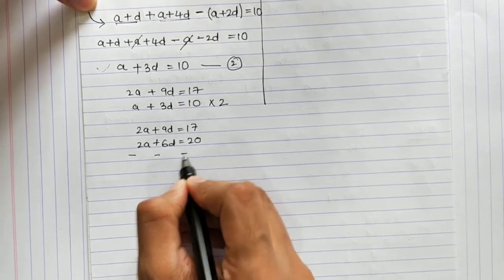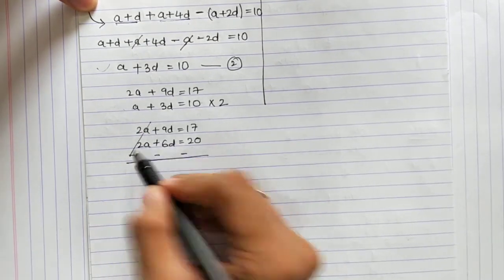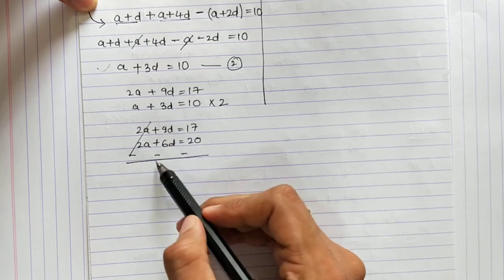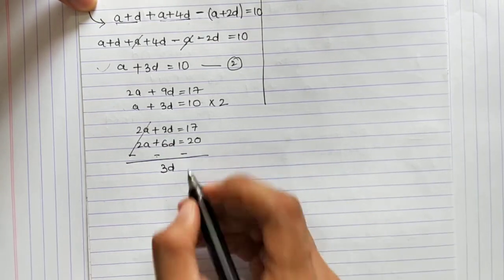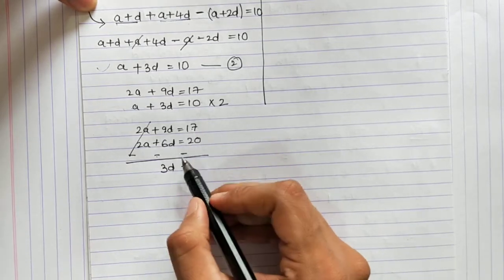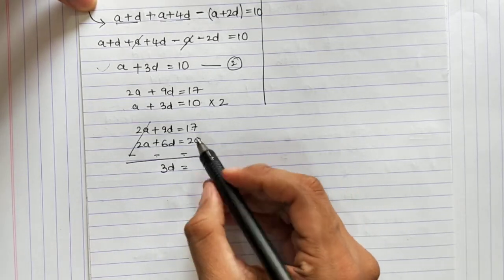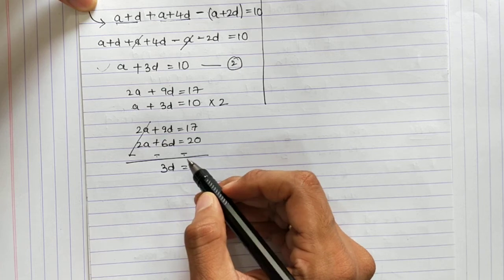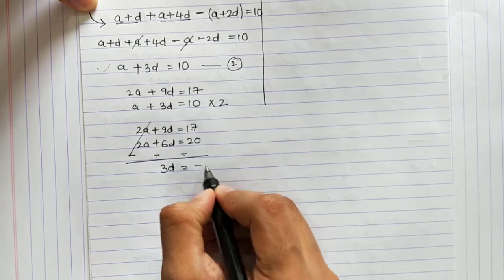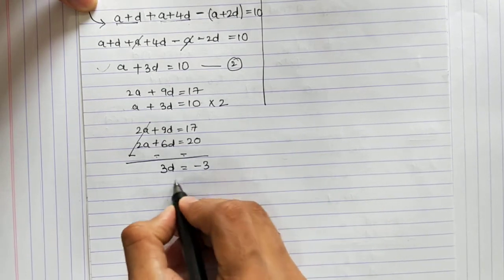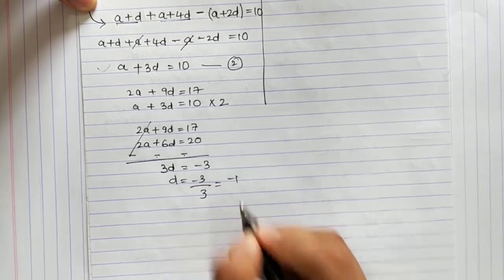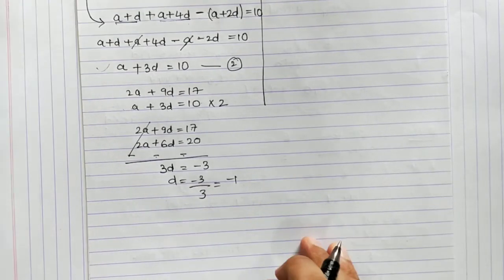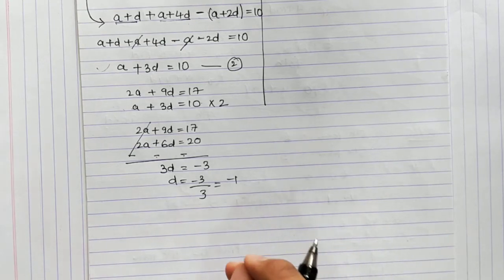Let's subtract. 2a cancelled. 9d minus 6d is 3d equals 17 minus 20, which is minus 3. So d is minus 3 upon 3, that is minus 1. The value of d is minus 1.